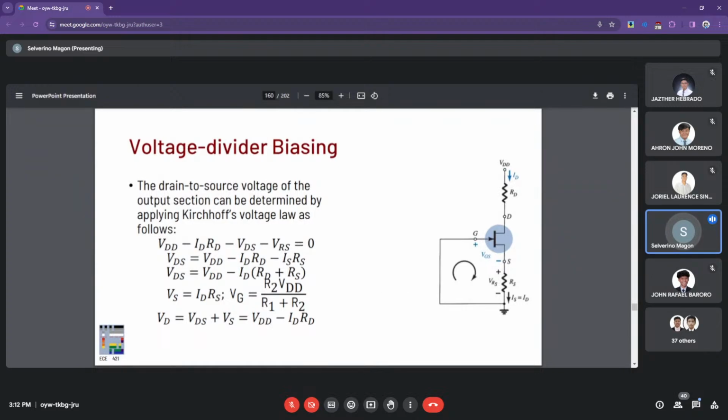and rearranging that, and assuming since we've considered drain current and source current as of the same value, we reduce that into the following equation. So we've lumped the drain resistance and the source resistance together.